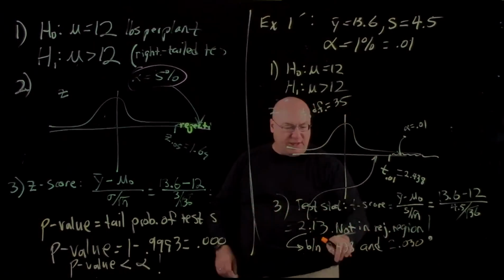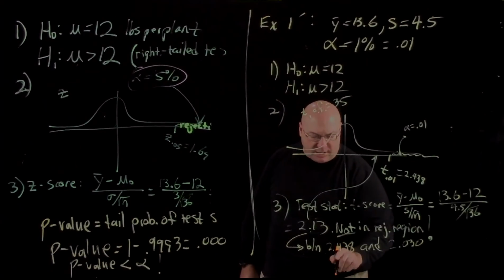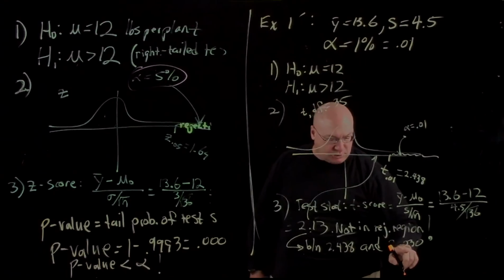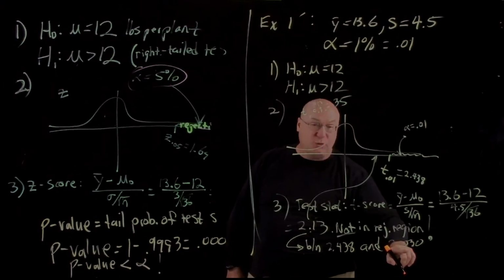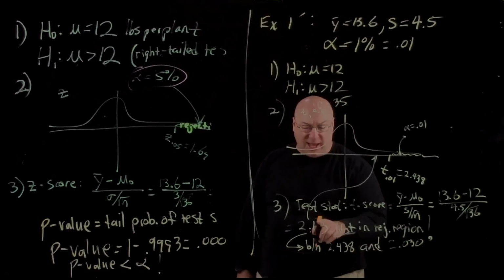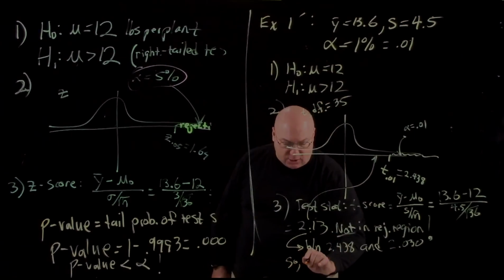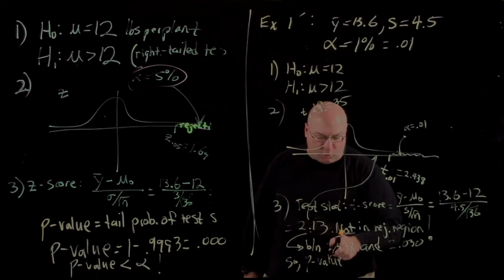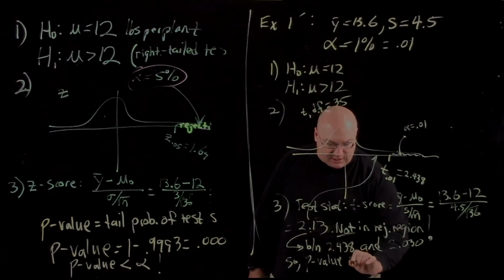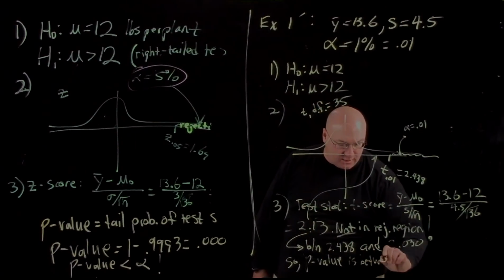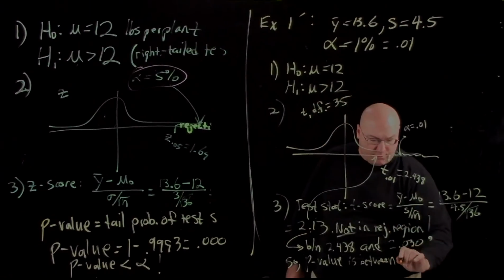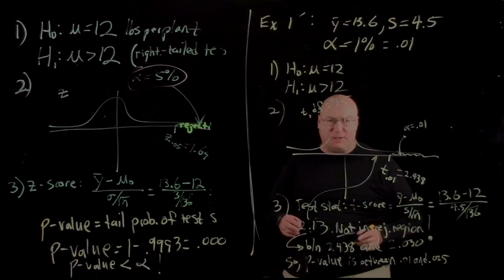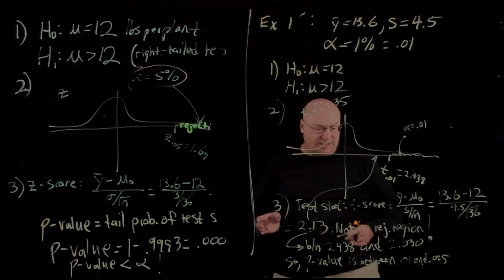This corresponds to a tail probability of 0.01, and this corresponds to a tail probability of 0.025. So I can say the p-value, the tail probability for 2.1333 whatever, is between 0.01 and 0.025. I can't figure it out exactly from the table.